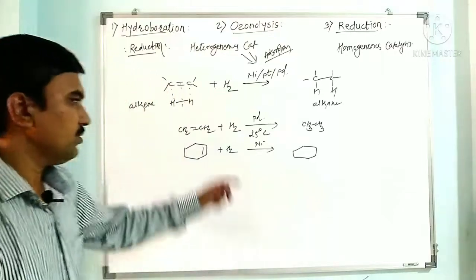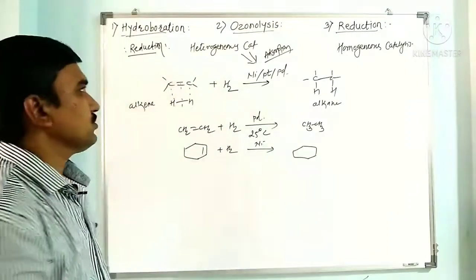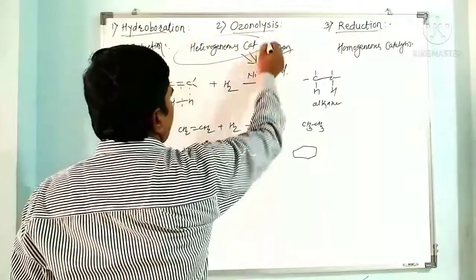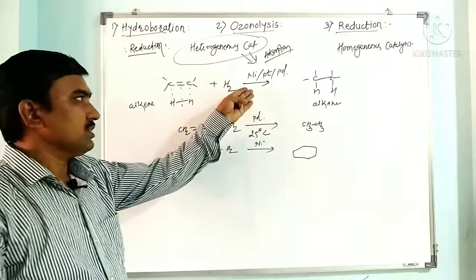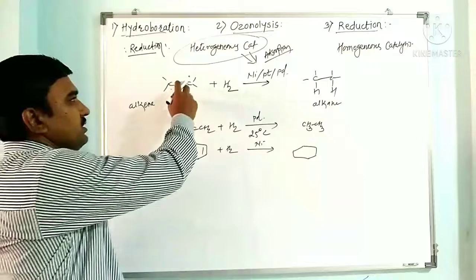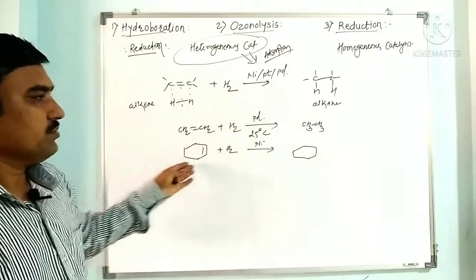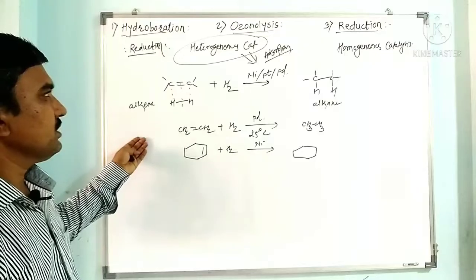So in this way, hydrogen is added across the double bond in presence of these catalysts. These are heterogeneous catalysts, which are insoluble, in which hydrogen gas gets adsorbed on the surface of the catalyst, and then it is added across the double bond. So this is catalytic reduction, heterogeneous catalysis.